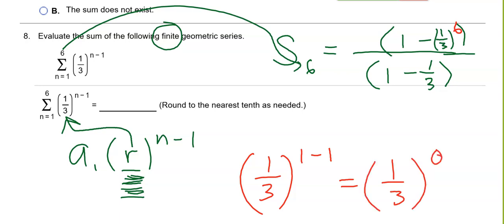And so what is 1/3 to the 0 power? 1. So now we know what goes right there in my formula, and I can figure out what the numerator is. 1 minus. And these parentheses are important, and I can't stress that enough. Some people were completely ignoring them and getting the wrong answer.